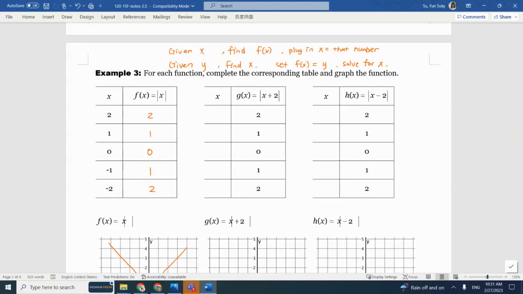Okay. For example, here the y value is 2. So you have absolute value of x plus 2 equals 2, and you want to solve for x. Right, everybody? How do we break absolute value?